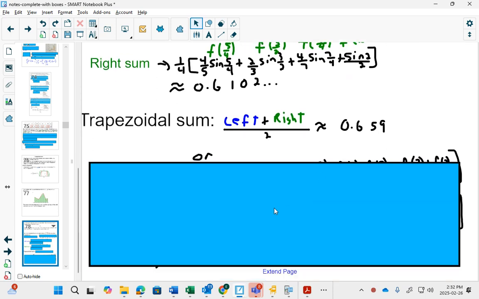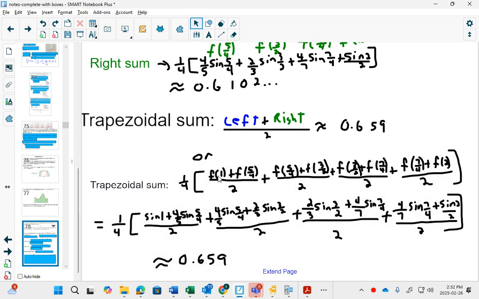Or option 2, you could actually find each one by doing f of 1 plus f of 5 divided by 2 times 1/4. And you'll get the exact same thing. I kind of like the left and the right, because if ever you needed one of those other answers, then you've already figured it out.